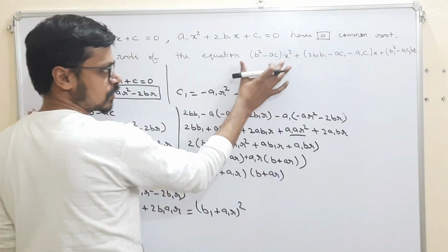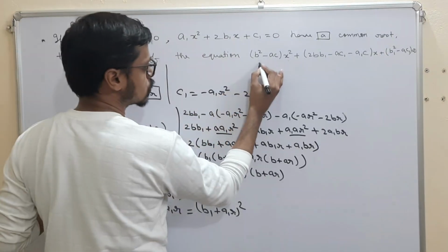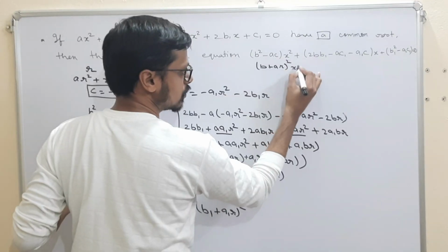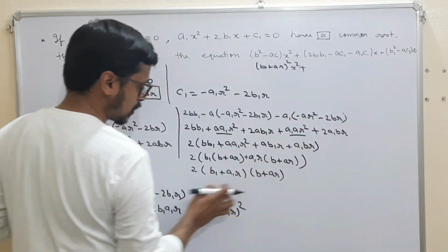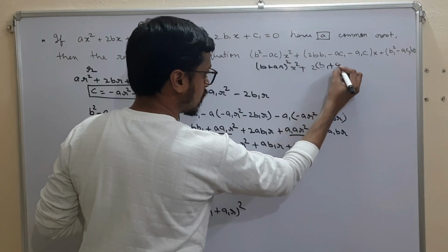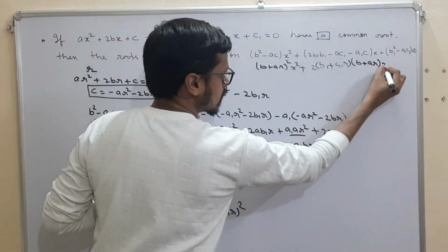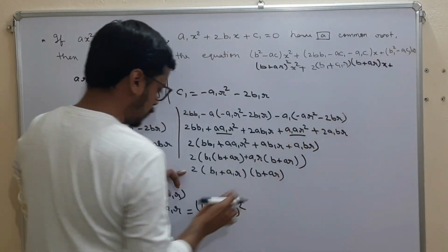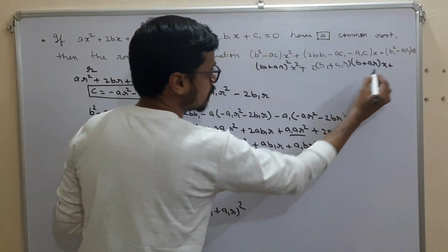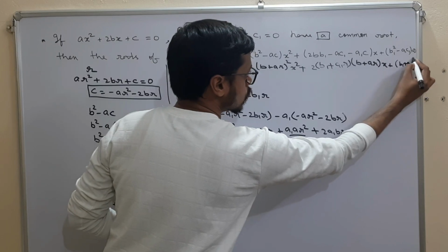So now we are in the last part of this question. b square minus ac we have solved and we got b plus ar whole square. So b plus ar whole square we will write here with x square, plus for this part what we are getting, 2 times b1 plus a1r and then b plus ar, okay, x, plus for this one b1 square minus a1c1, we are getting b1 plus a1r whole square.